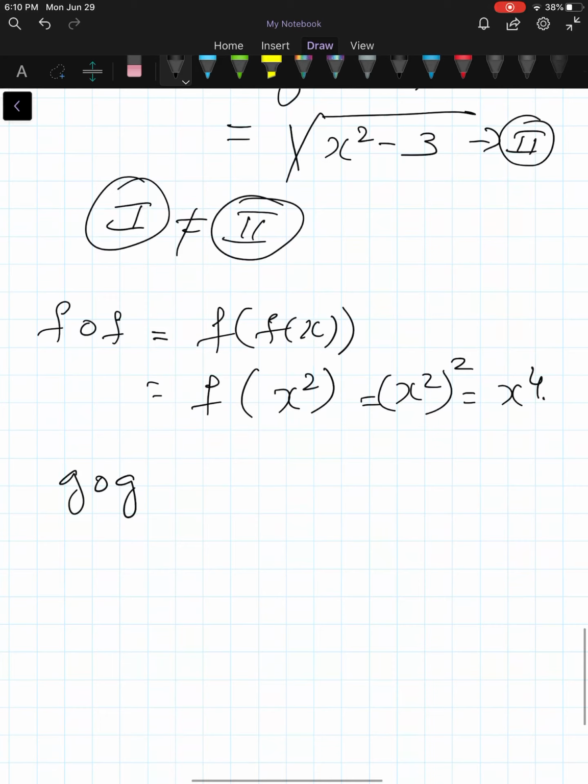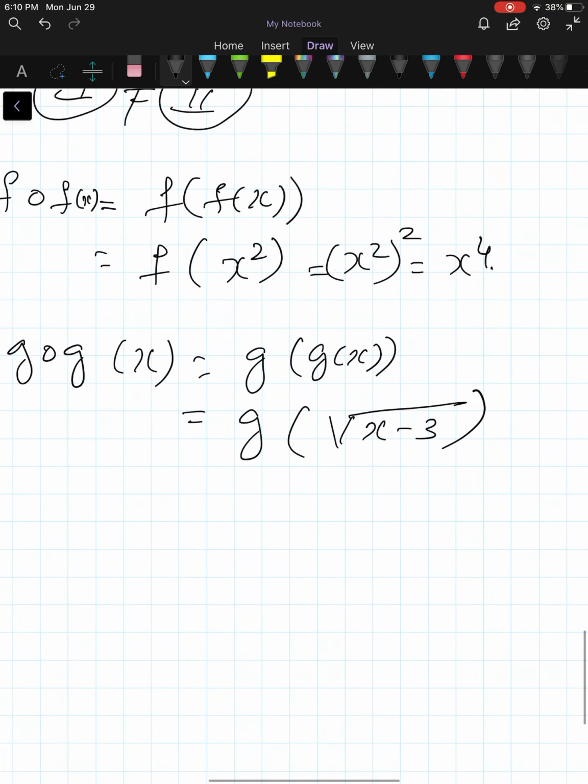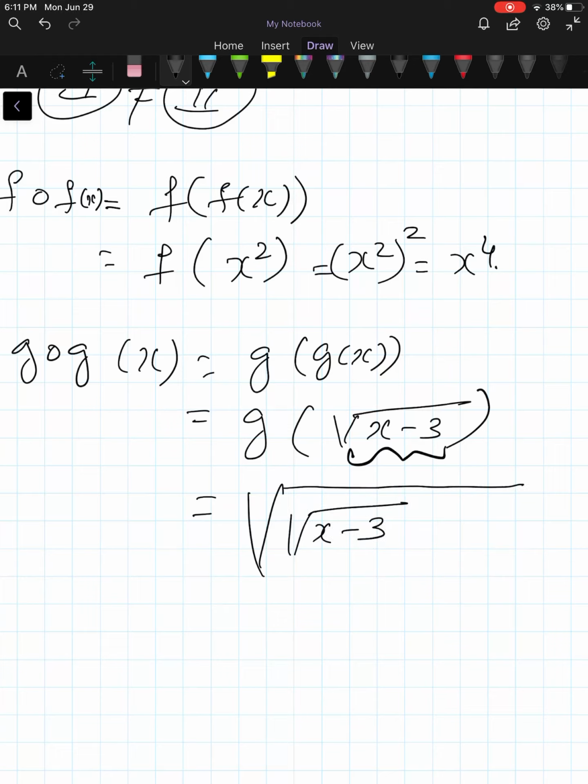Then g composed g, I'm sorry, that is g of g of x. So that would give us g of square root of x minus 3. Wherever there is x in the g function, substitute the whole thing, that is square root of x minus 3. So we will be getting square root of square root of x minus 3, minus 3.